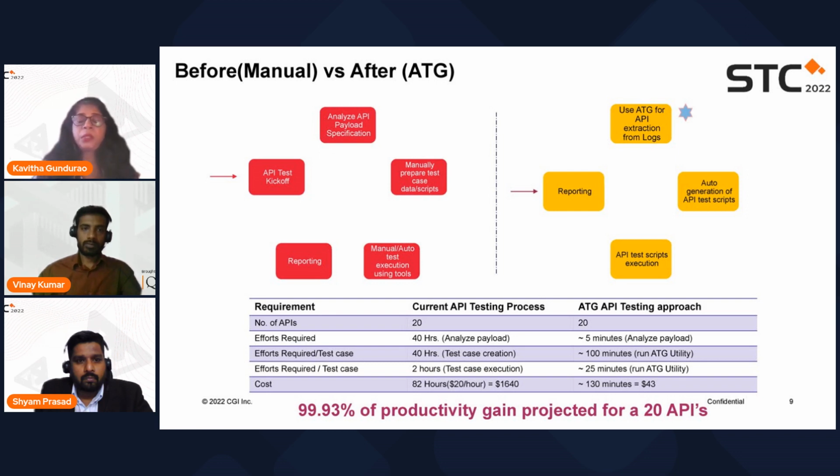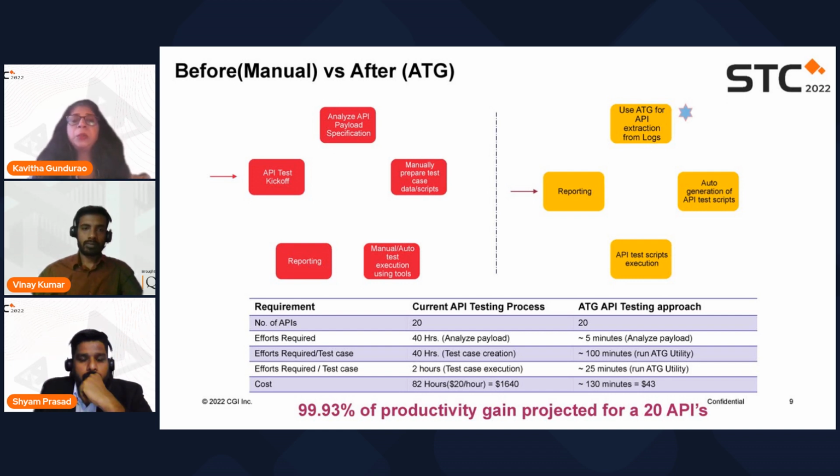Now, we've given a quick comparison of the efforts with ATG and without ATG. For instance, we did a POC or a pilot of this tool taking around 20 APIs into consideration. Before ATG, the effort required for analyzing the payload was about 40 hours, test case creation was close to 40 hours, and execution was about 2 hours.